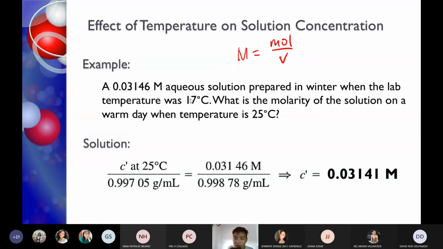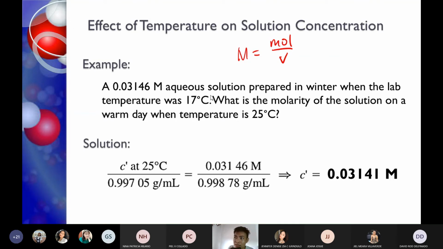So in order to solve for the corrected concentration, you have to make use of the densities, no? Ratio and proportion lang naman. Okay? So you will get this. Hindi na natin to gagawin, ha? Ang gusto ko lang ipakita sa inyo dito is that the volume of water really changes depending on the temperature.